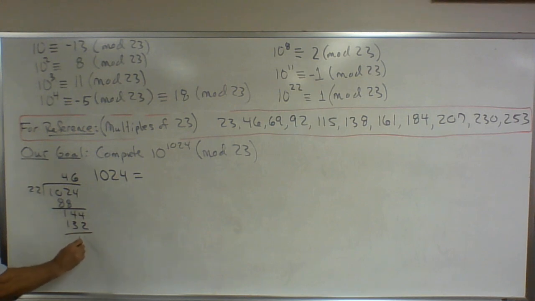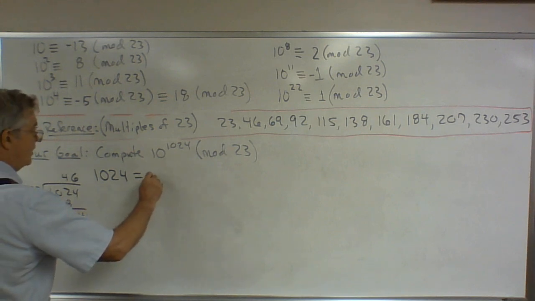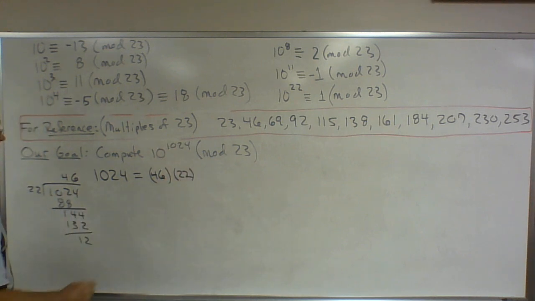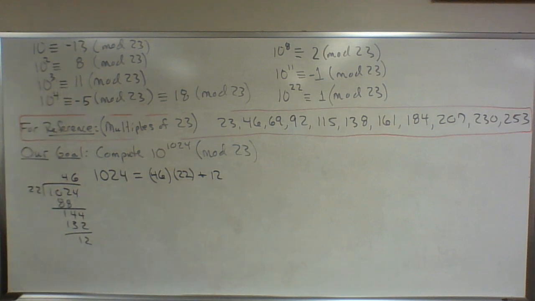Okay, 1024 is equal to 46 times 22 plus a remainder of 12.